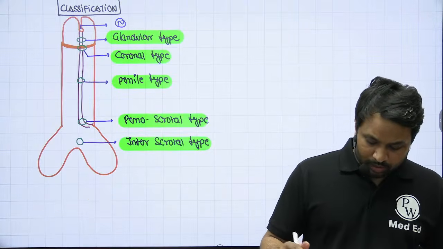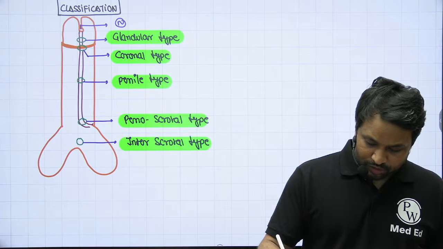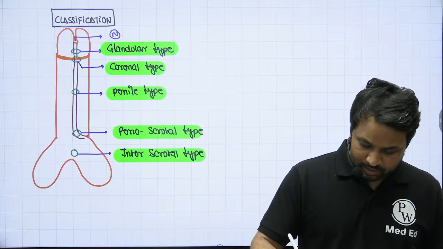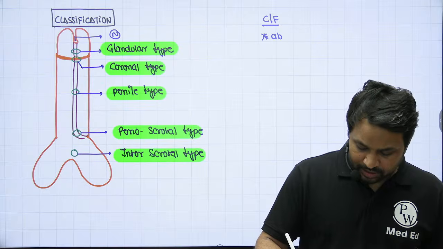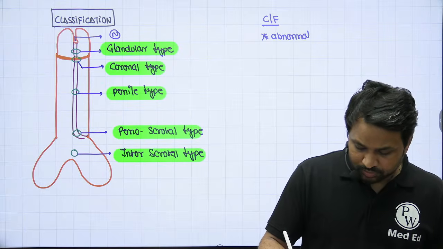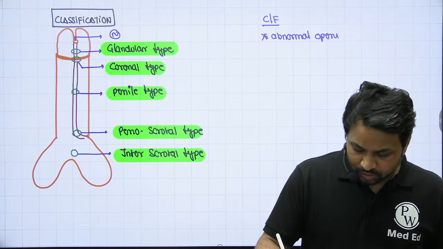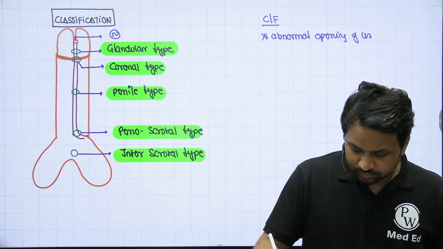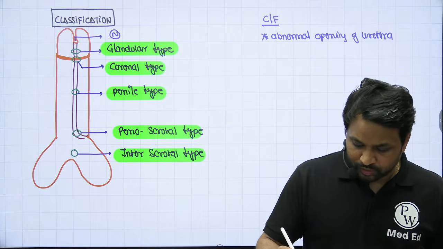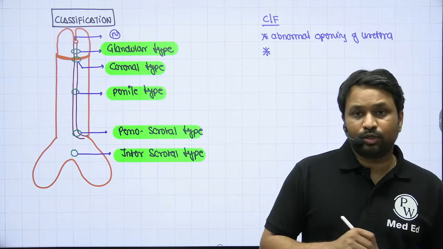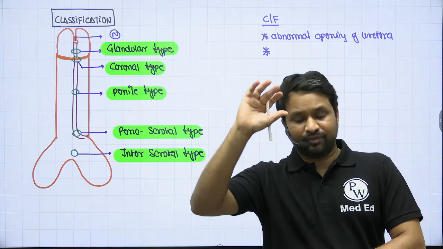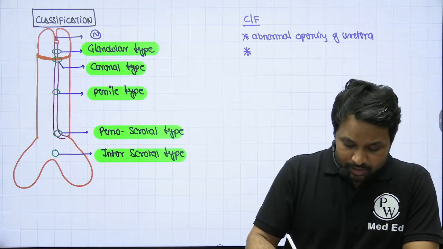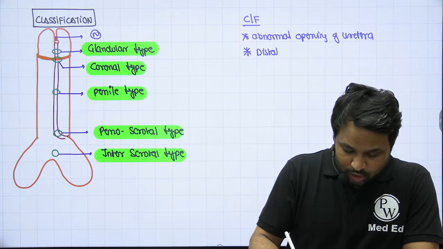Now, when you talk about the clinical presentation of hypospadias, I'll list it down here. Clinical features: there will be an abnormal opening of the urethra. Along with that, you will notice that distal to the urethral opening, the tissue becomes fibrotic, and that is called chordae. So there is a distal chordae.